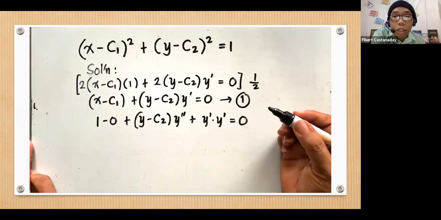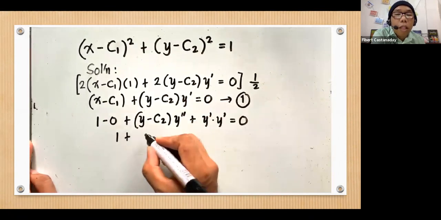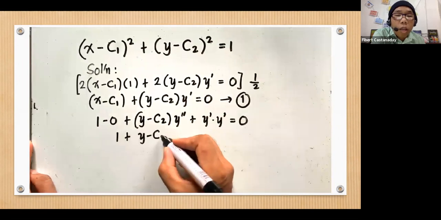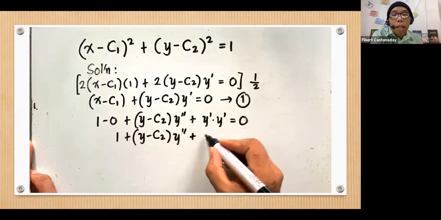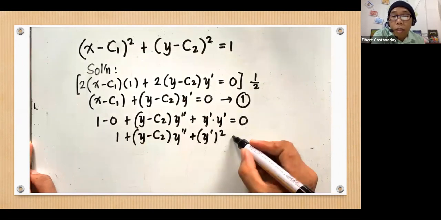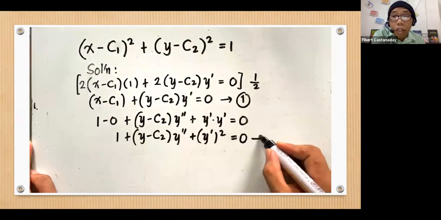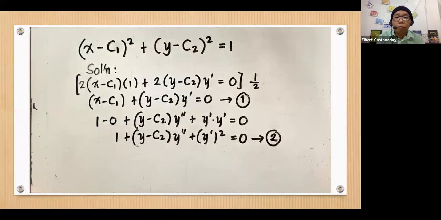Okay, we arrange the resulting equation. So we have 1 plus y minus c sub 2 times y double prime plus y prime times y prime is equal to y prime squared. Or you can remove the parentheses there. So understood na yun, y prime squared. This is our equation number 2.